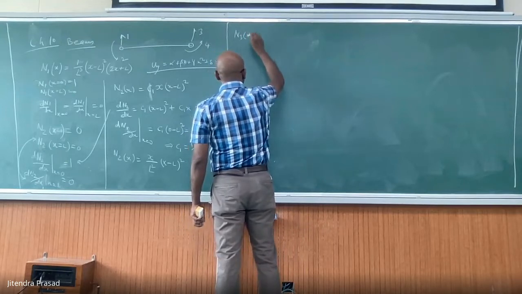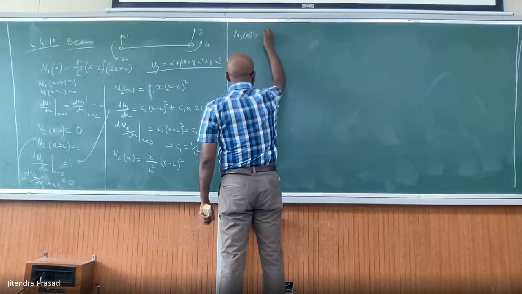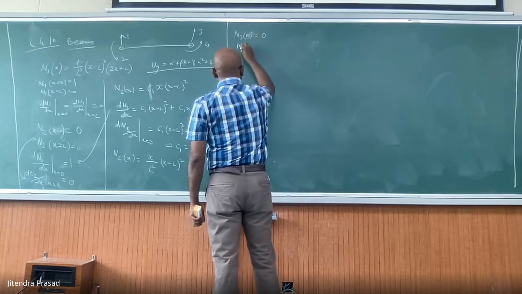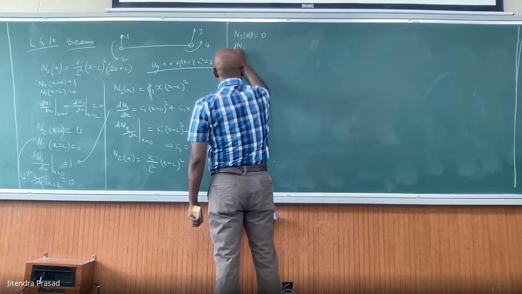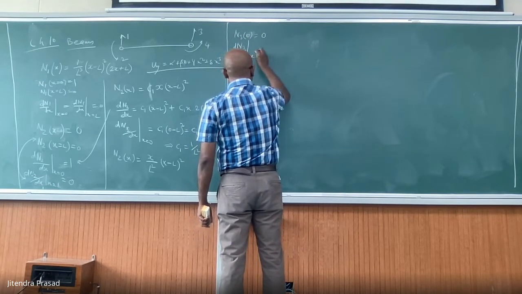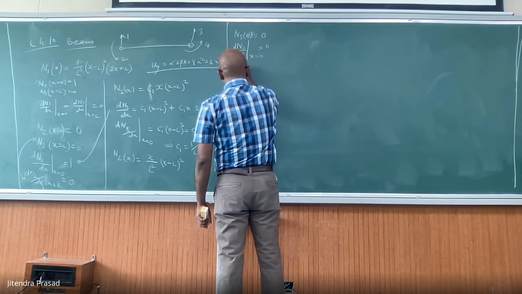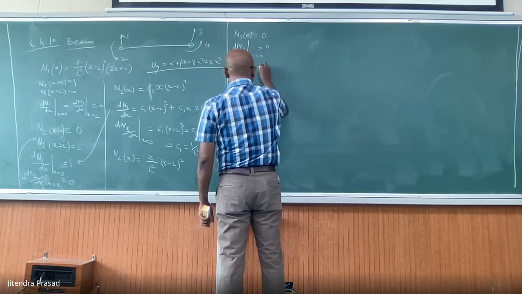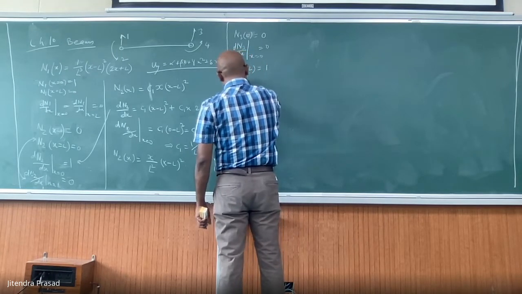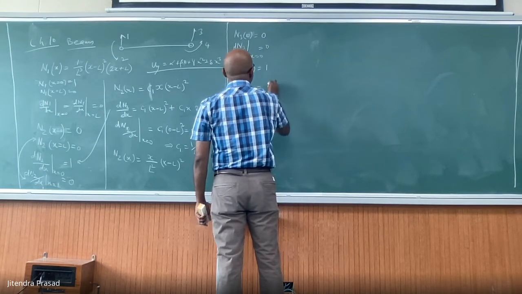N3(x). What is the property? N3(x) at 0 is equal to 0, dN3/dx at 0 is also 0, N3 at L is equal to 1, and dN3/dx at x equal to L is equal to 0.